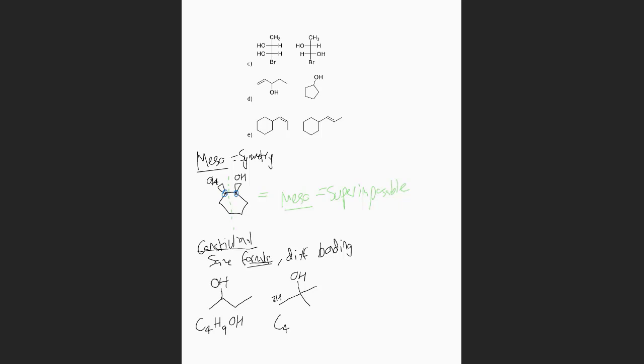We have 3 H's here, 3 H's here. So it's still C4H9OH. The formulas are the same, but they look different, right? Because they have different bonding. So that's what we mean by the difference between constitutional and meso.